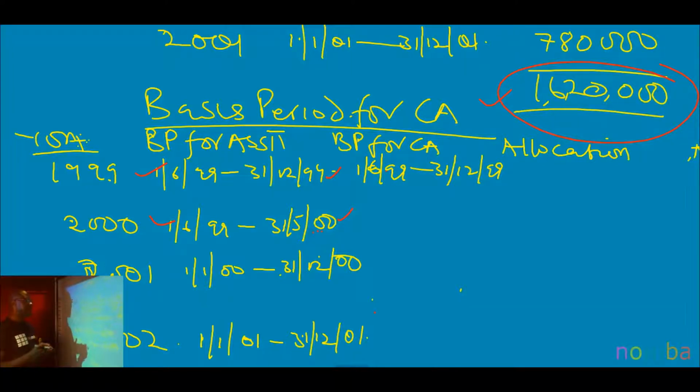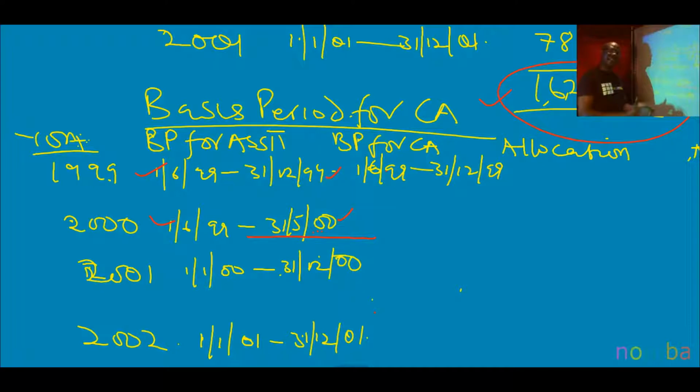They started together and coincided up to a point, when the other one left the other behind. They coincided up to 31st December 1999. Up to the point they were together there, then thereafter, this one left him behind. The difference between these 2 points is the basis period for capital allowance in 2000.